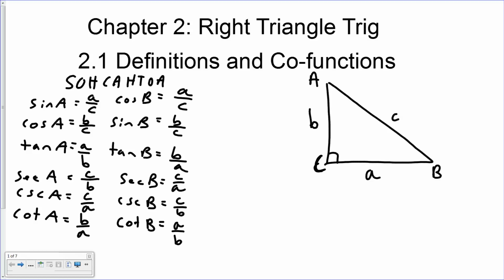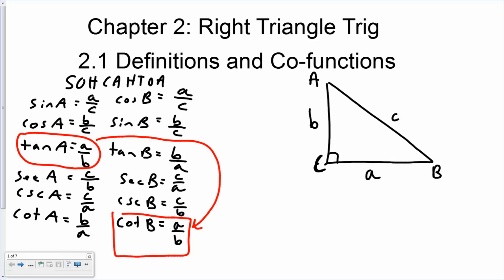But I can see that the tangent of A does equal the cotangent of B. I also know the cosecant of A is equal to the secant of B.